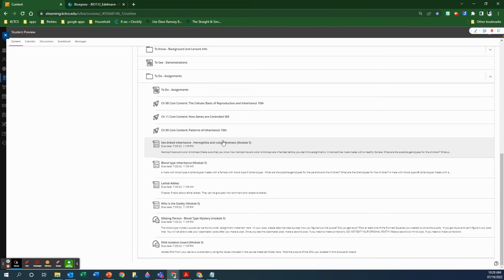So we've got sex-linked inheritance, then we've got an intro on blood type inheritance. Blood type inheritance is important for you to understand blood types. And blood type inheritance is a codominant inheritance, which makes it a little different from your standard Mendelian.